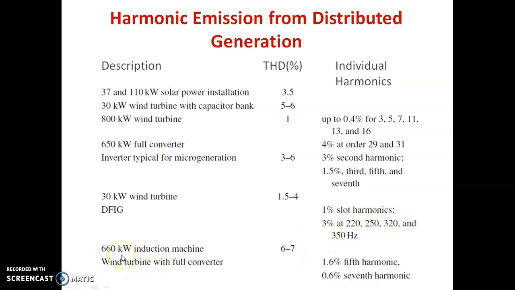A 660 kilowatt induction machine has a total harmonic distortion of 6 to 7%, whereas a wind turbine with full converter has individual harmonics of 1.6% for the 5th harmonic and 0.6% for the 7th harmonic.